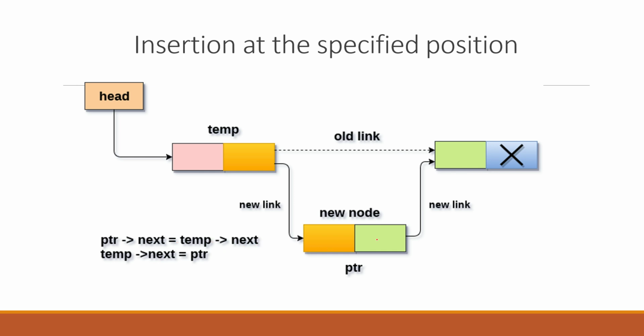This is ptr next, and this ptr next will be assigned temp next. The address that is mentioned here is now assigned here. Temp next is equal to ptr. The address of this node is assigned to this, so the link of the new node is created at the specified position.